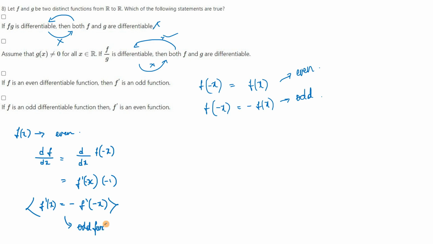right? So if f of x is odd, let's say, okay, so we are interested to find out d by dx of f of x. So we know that f of x is nothing but minus f of minus x, right?